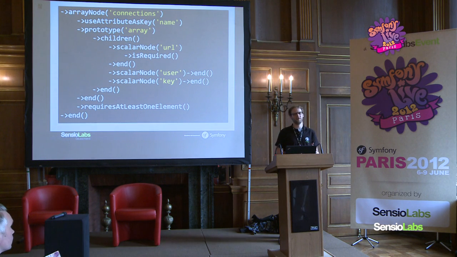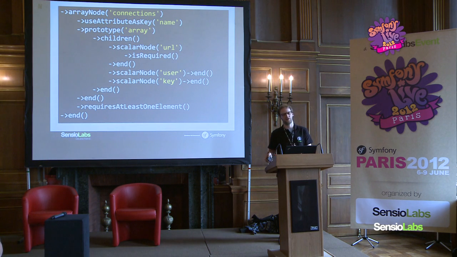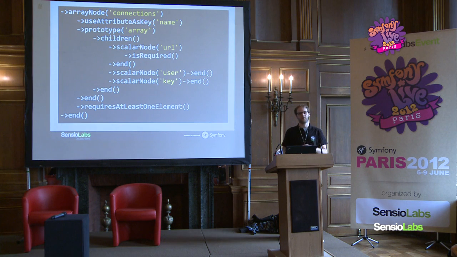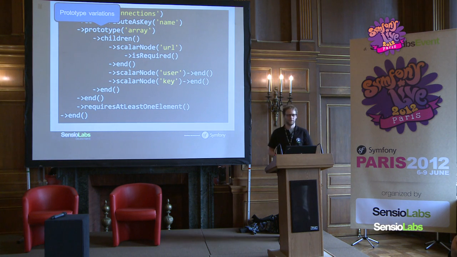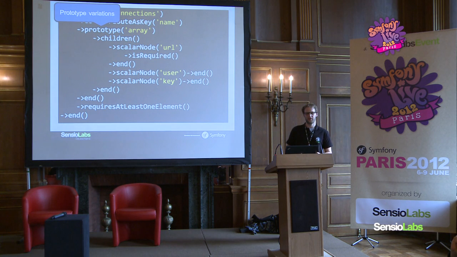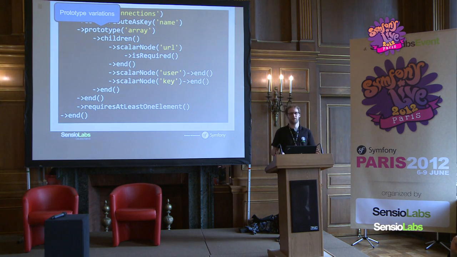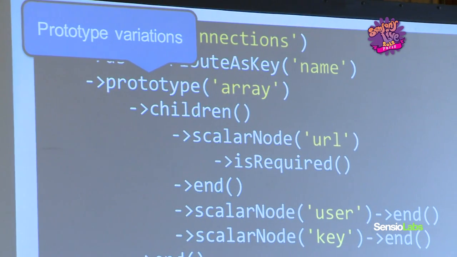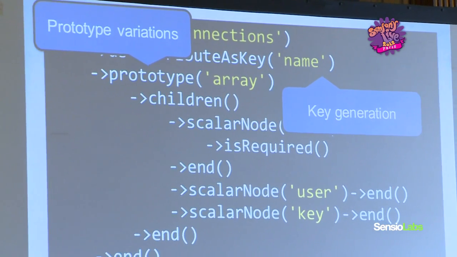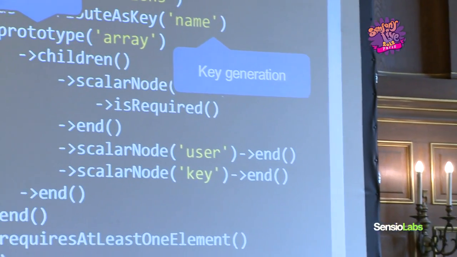For example, if you want this array to be repeated multiple times, you can do a prototype for it, and you can use it multiple times, and the config component will merge this together for you as you define it. So you can do the variations in this, and you can define, under it, again, all the options as you like. And you can manipulate the key generation.